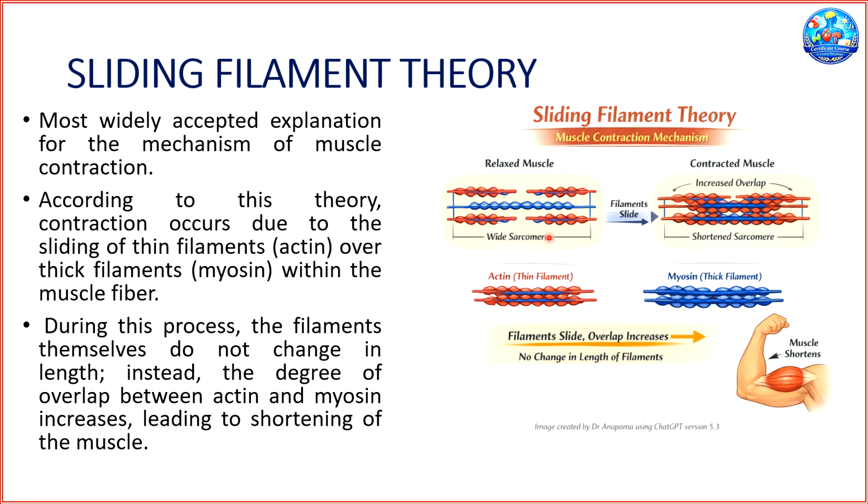Importantly, the filaments themselves do not change their length. Instead, the degree of overlapping between the actin and the myosin increases. As compared to this, you can see the degree of overlapping has increased, which leads to the shortening of the sarcomere and then the shortening of the muscle.